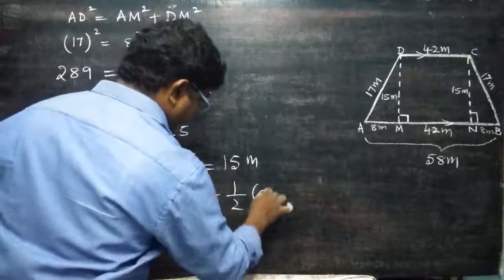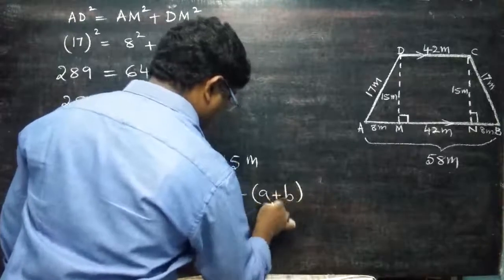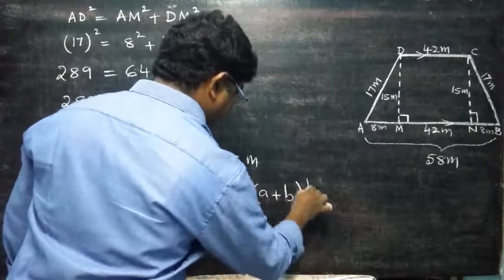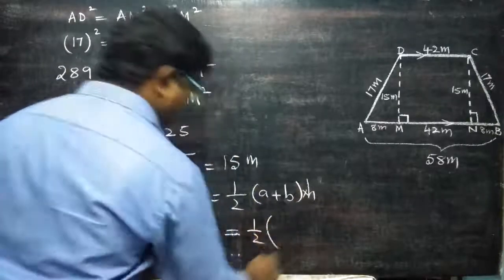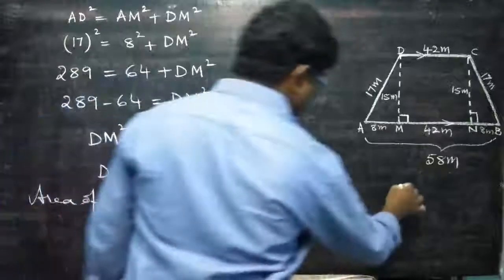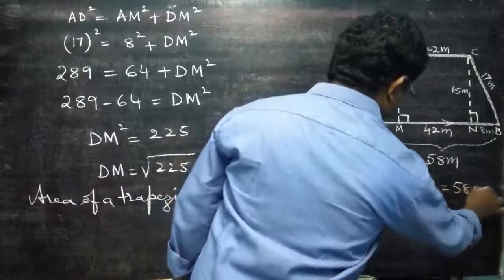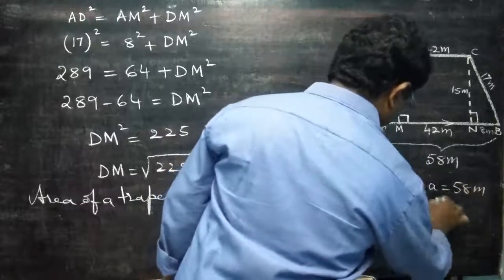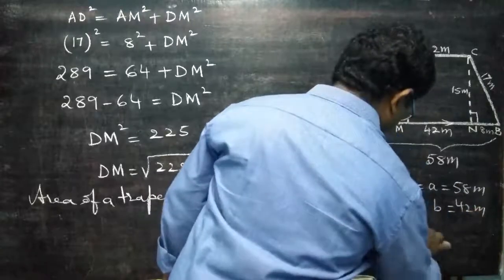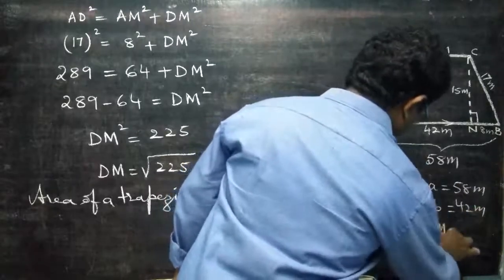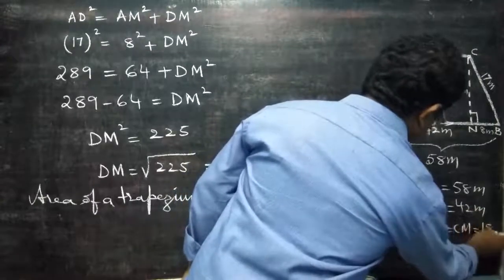Half into A plus B into H. Now that is equal to half into, think AB as A is equal to 58 meters, CD is equal to B, you think 42 meters. And H is equal to DM, that is equal to CN. Just now we got 15 meters.